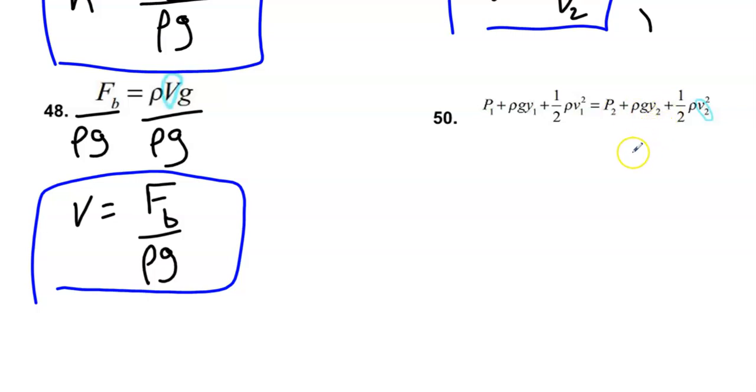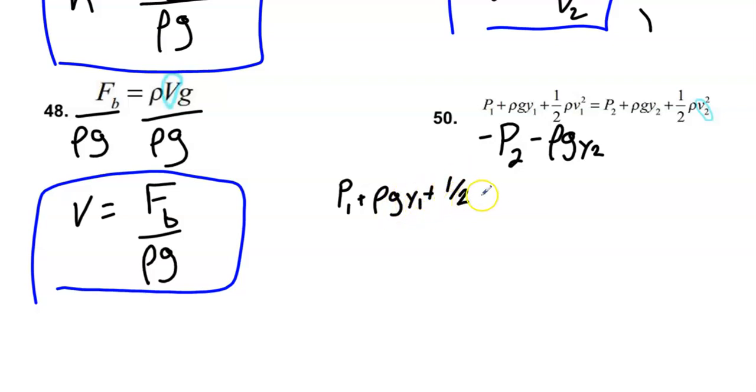Let's subtract the not-so-like terms from both sides, which will be minus P2 minus rho g y2. This is Bernoulli's equation. We're going to move those over to the other side. P1 plus rho g y1 plus 1/2 rho v1 squared.